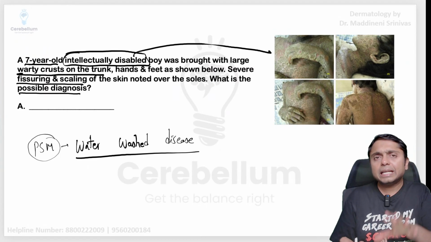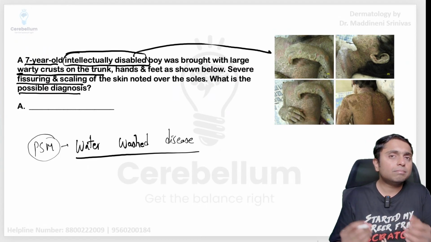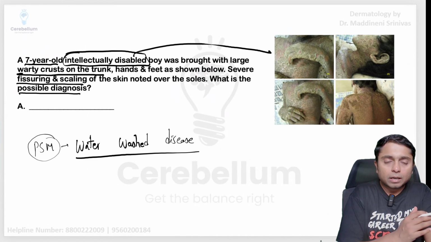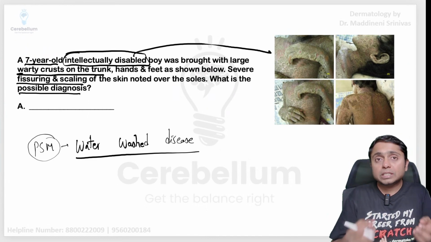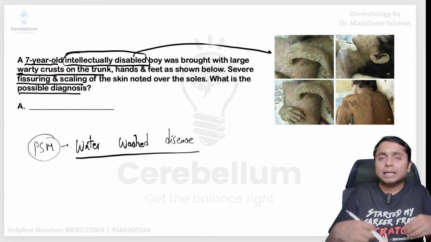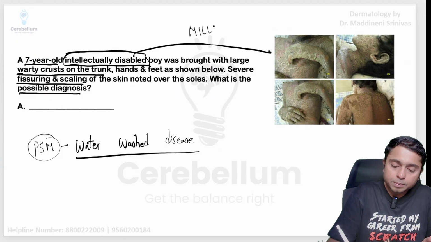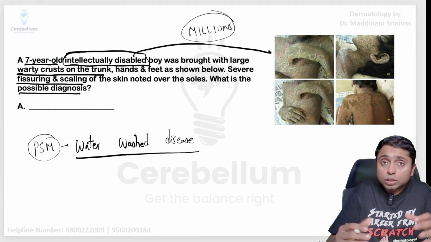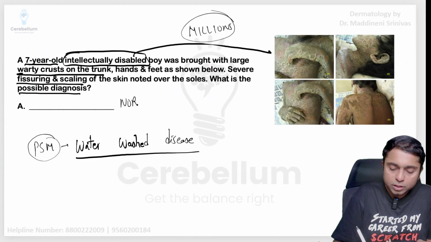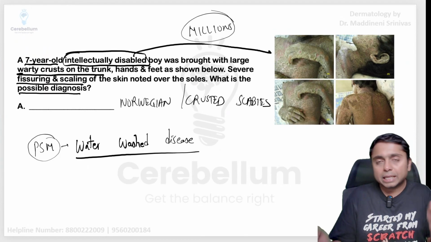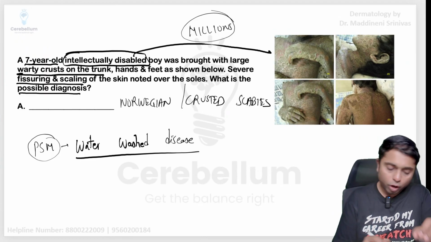And because of the intellectual disability, there will be reduced competency in proper hygiene measures, because of which the mites are going to increase, and they are going to be seen in the millions, because of which this special type of scabies, which is called Norwegian scabies or crusted scabies, is going to be produced. Okay, so the answer here is crusted scabies or Norwegian scabies.